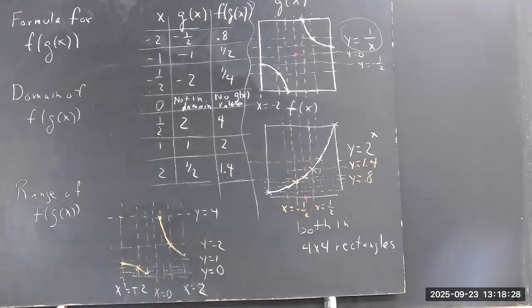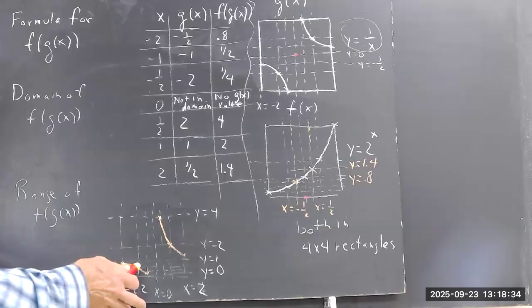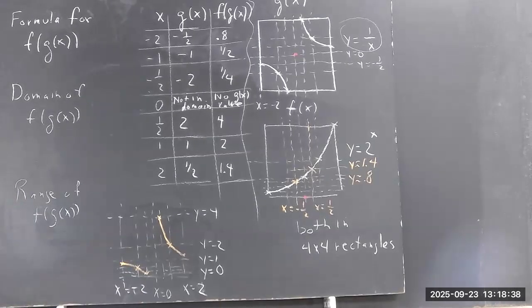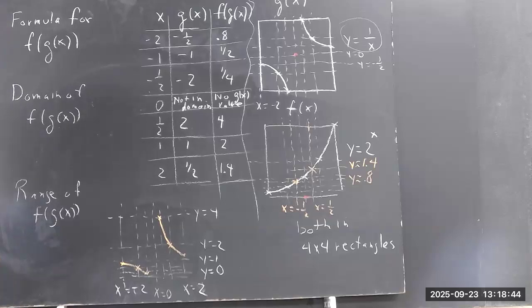Now, the formula for f of g of x. I think I can't see that. Can I see? I can see this.